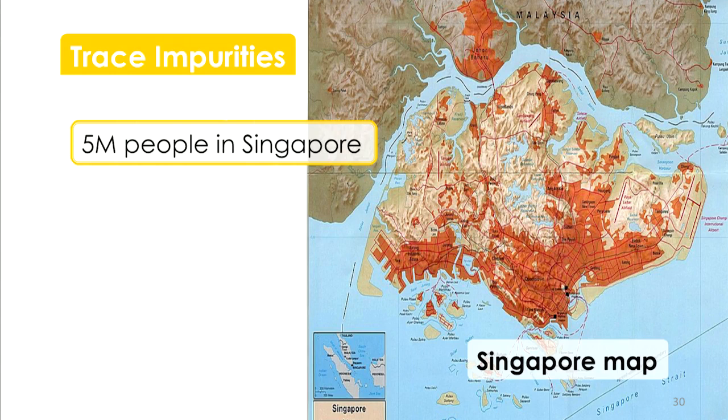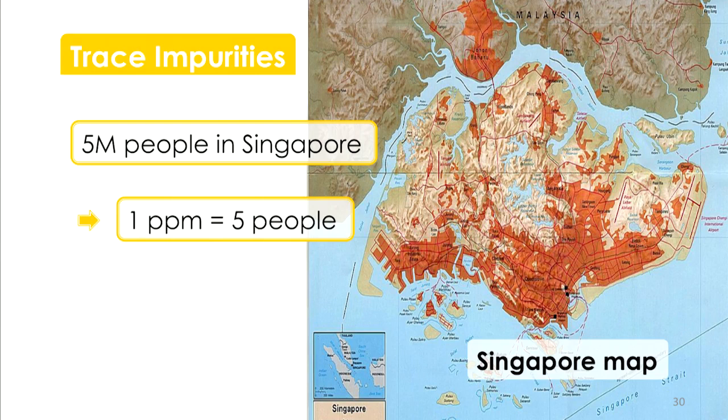So detecting 1 ppm of the Singapore population would be equivalent to finding 5 people in Singapore. So a ppm is a very small amount. Finding 5 people in Singapore would be very difficult, but finding 5 ppm of a chemical component of a mixture is something we can do relatively easily with modern technology.